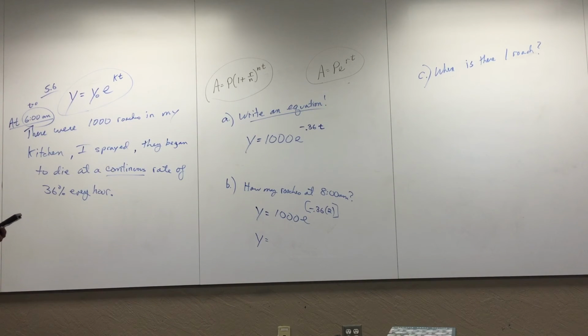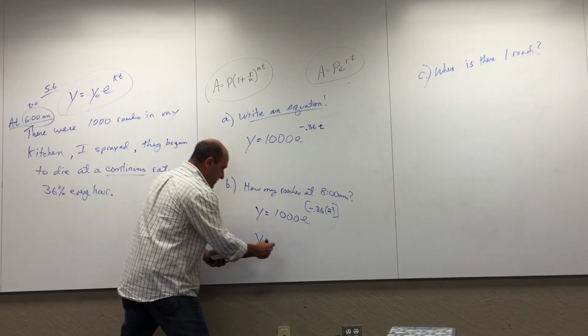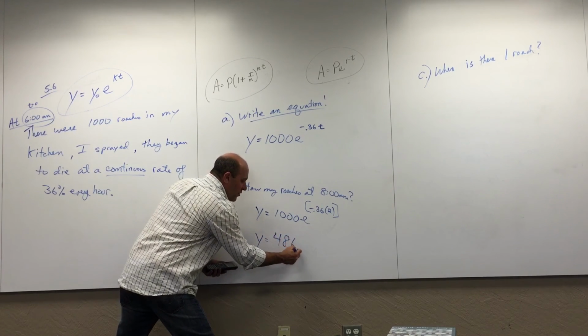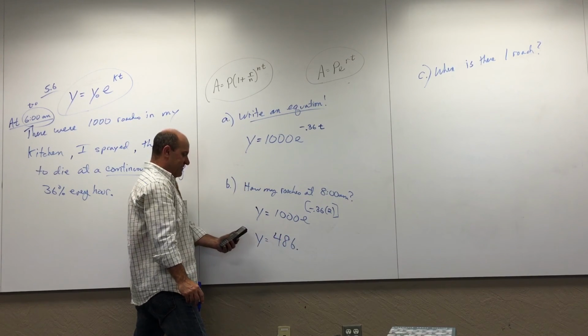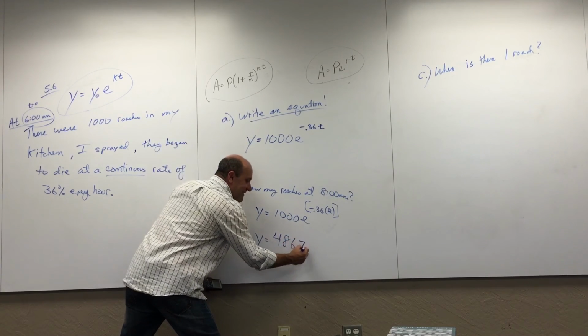Here's how I'm going to do it. Negative 0.36 times 2 is negative 0.72. I'm going to e that answer, and then multiply that by the 1,000. What'd you guys get? 486.75 roaches. Okay.